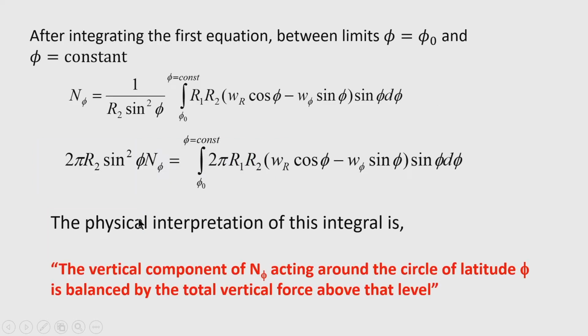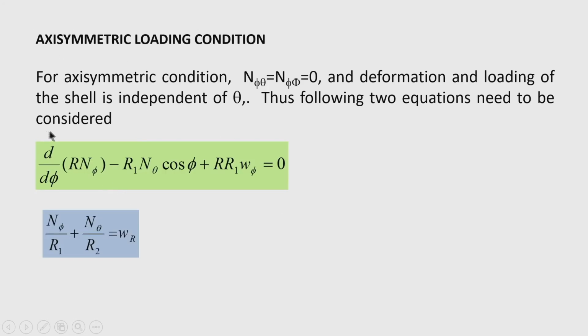Okay. Now, this equation, before integration we want one more step. That step is that N theta is now substituted from this equation in terms of N phi, because this is a plain algebraic equation: 1 by r 1 into N phi plus 1 by r 2 into N theta equal to W r.